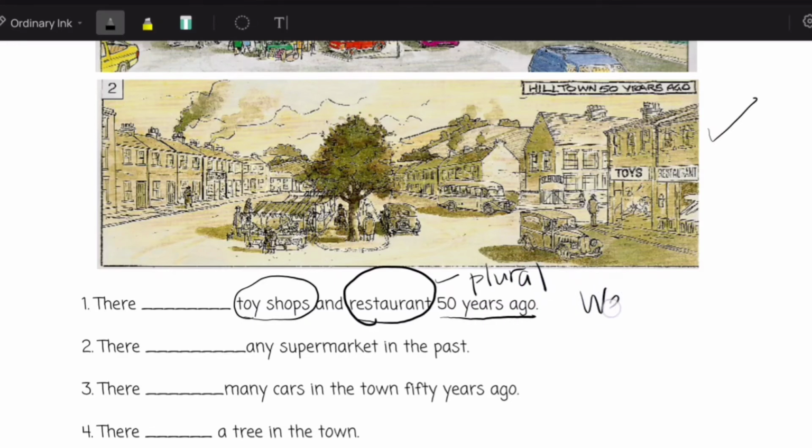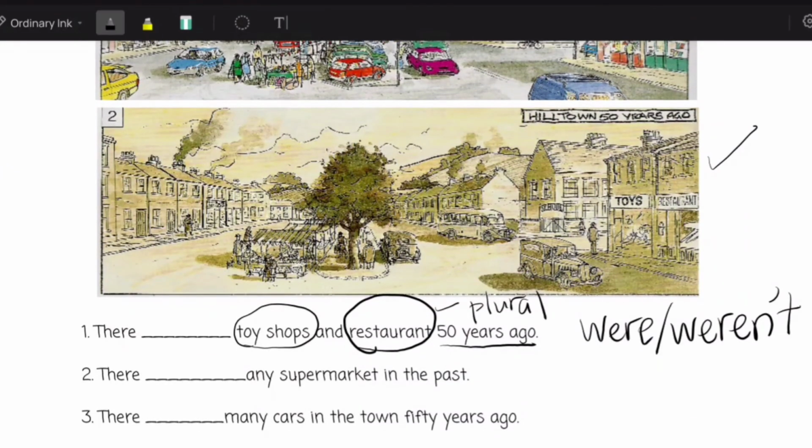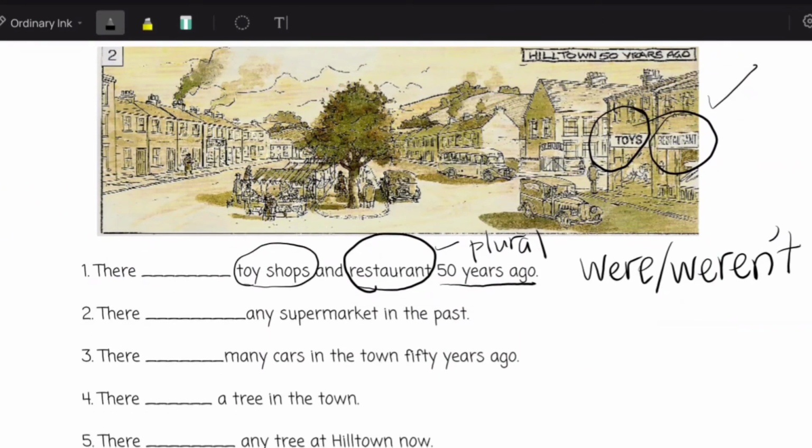Tapi sama ada was ataupun were? Mana satu kita nak pilih? Kita tengok gambar ini, toy shop dan restaurant. Ada tak dalam gambar ini? Ada kan? Ya. So kalau ada ataupun terdapat, mana satu maksud dia? Yes, were. So you write here, there were toy shops and restaurant 50 years ago.